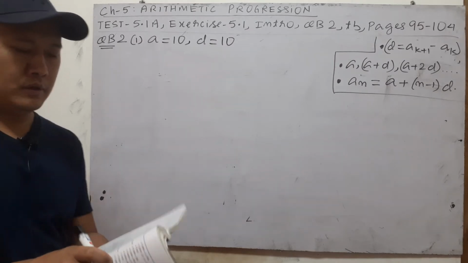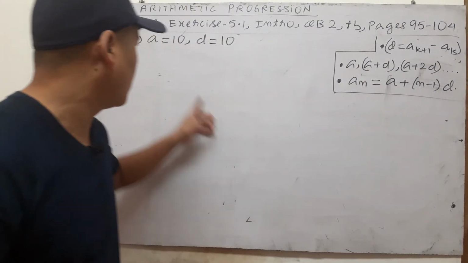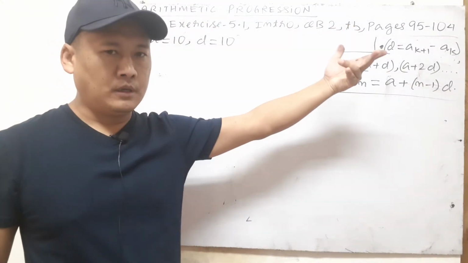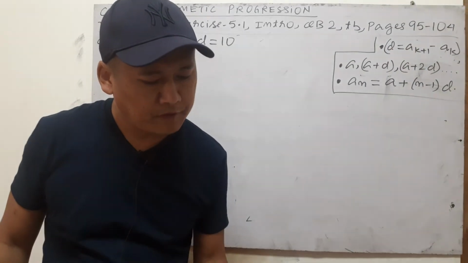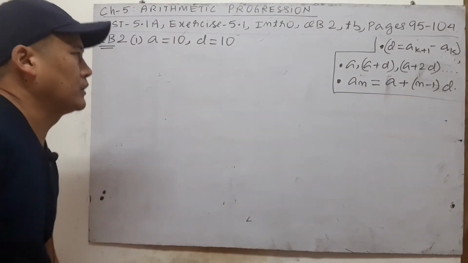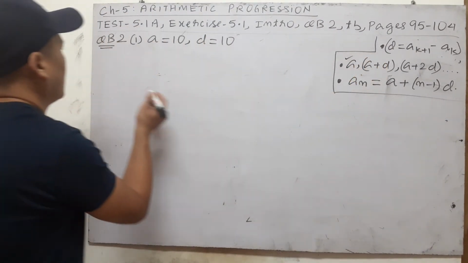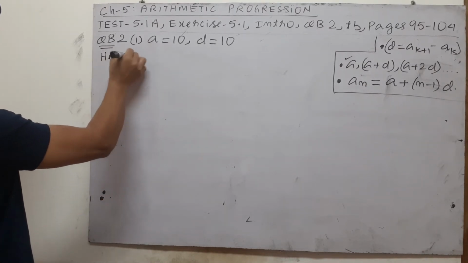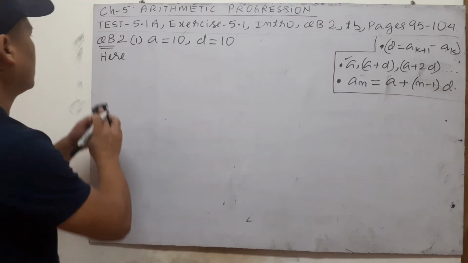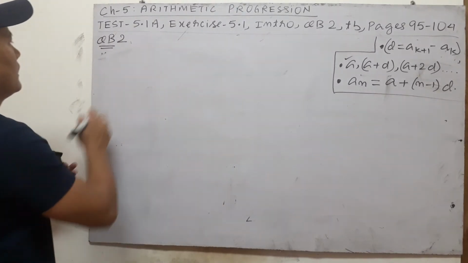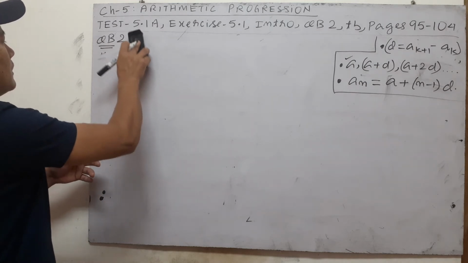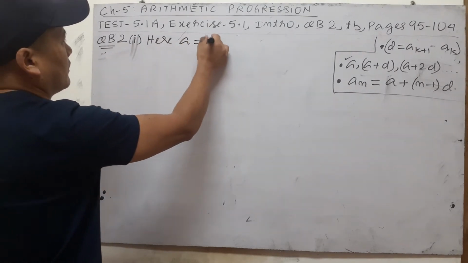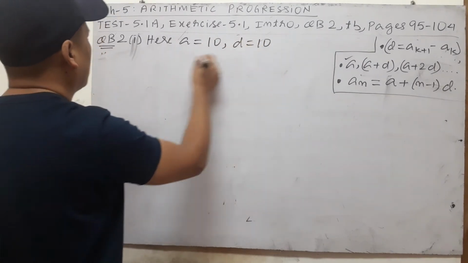So we learned just now that if we know small a and small d value, which in this case is 10 and 10, we can write easily the AP. In this question, we have to write the first 4 terms only by following this second formula. Here we are given a equal to 10 and d is also equal to 10.